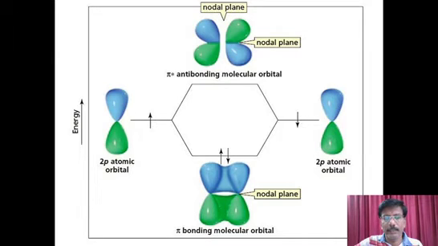For bonding, it is simply denoted as pi. For example, here it is given as pi bonding, and at the higher level, that is anti-bonding, it is denoted with pi star. This star indicates anti-bonding. Sigma star means anti-bonding sigma interaction. Pi star means anti-bonding pi interaction, and simply pi and pi star. So this is the simple notation we use for molecular orbitals.